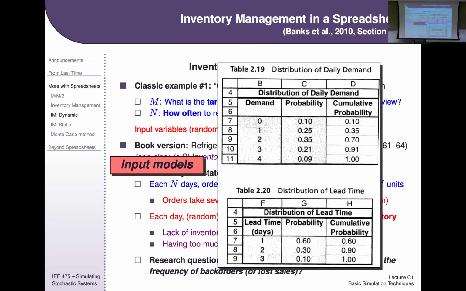So every day, people either order one refrigerator, two, three, four, or none. And for each one of those options, we assign a probability to it. So this is saying 10% of the time, nobody orders that day. 25% of the time, there's one order. 35% of the time, there's two orders, and so on. So that's what I mean by setting up a distribution of demand every day.